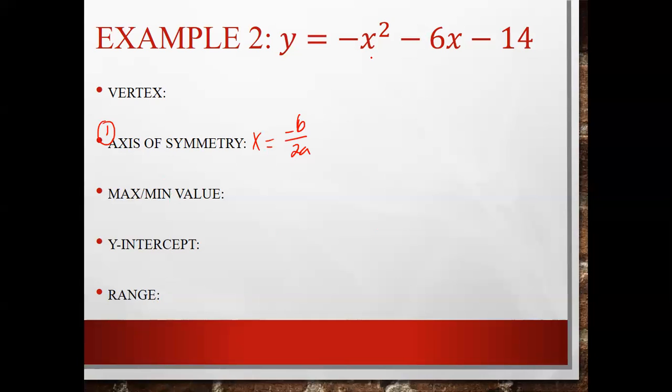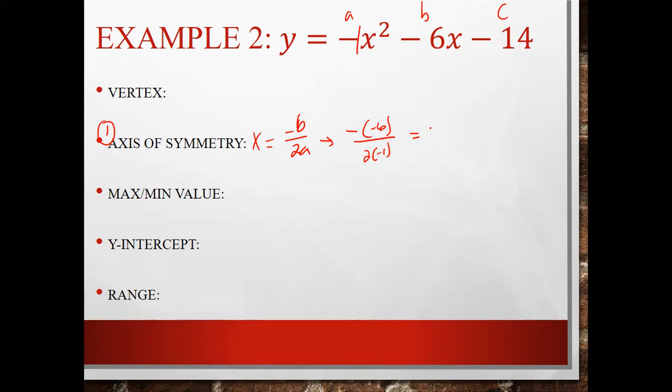So in this case, our a is negative 1, right? Our b is negative 6, and our c is negative 14. Do we see that? So I'm going to plug in what I need. So I have negative 6 divided by 2 times negative 1.